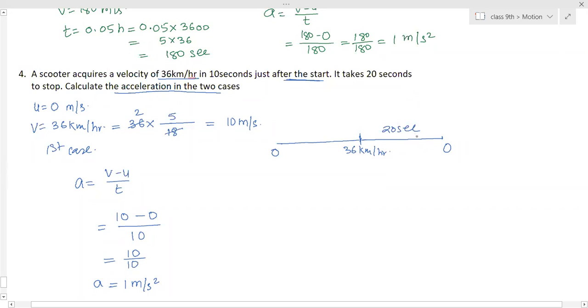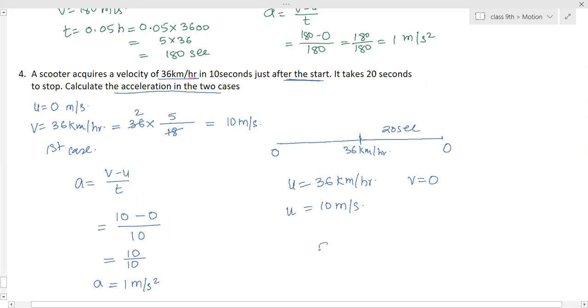And then you have to calculate the acceleration in this case. Here retardation will come because the speed has decreased and becomes 0. So the initial velocity here is 36 km per hour, which is equal to 10 meter per second, the value of u, and the final velocity v is 0.